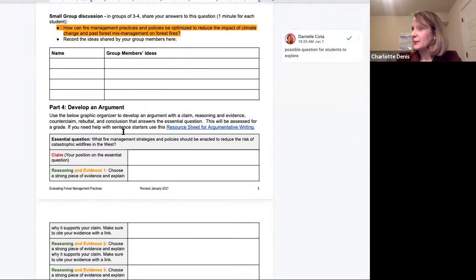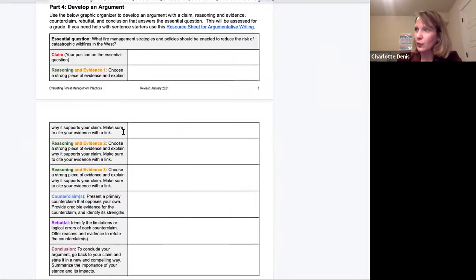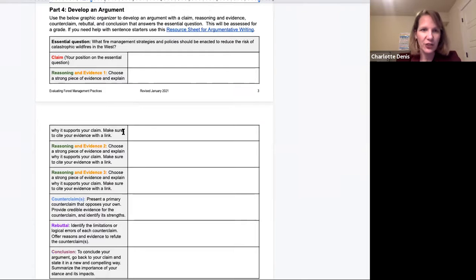And then the last bit, which I think will take a long time for students, is the assessment, the writing task. We're asking them to develop an argument with some supports. We have a resource sheet for argumentative writing that students can access, with sentence framing and guidance about what would be included in an argumentative piece.